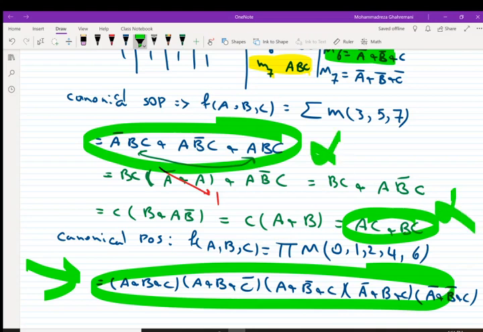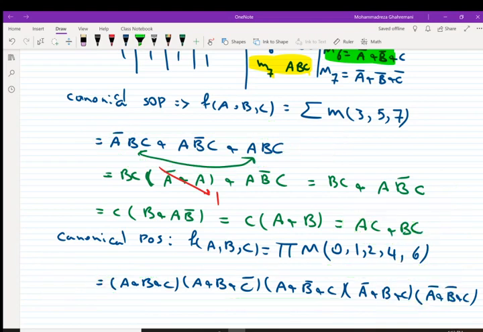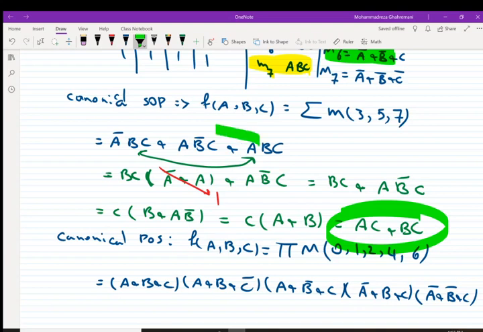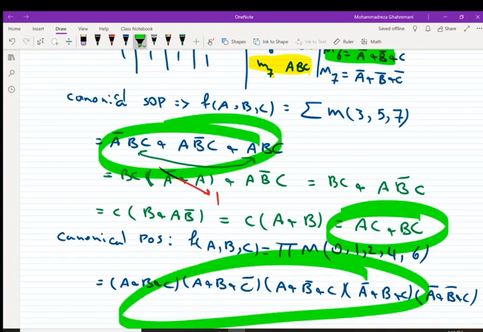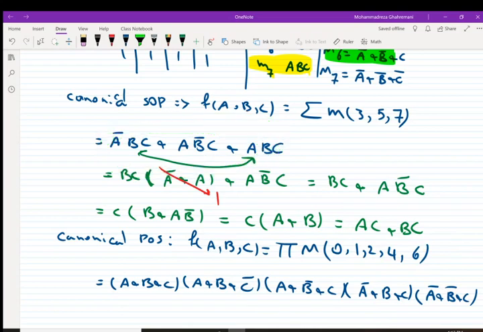One of them is canonical, the other one is non-canonical. But because the problem doesn't say anything about being canonical, it's better to design the circuit with the simple version, which is non-canonical. Or let's design all three circuits. I'm going to show all these three circuits.